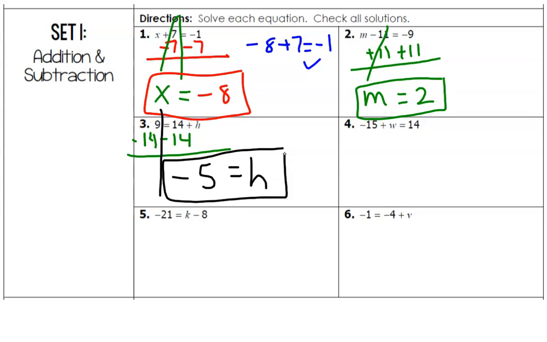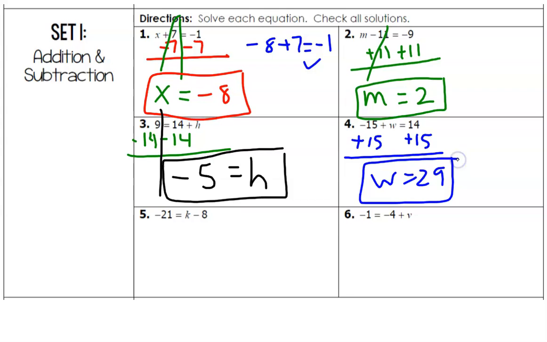For the sake of time, I'm going to skip the check step. Identify my variable, use an inverse operation. Notice how I'm crossing out these inverses.